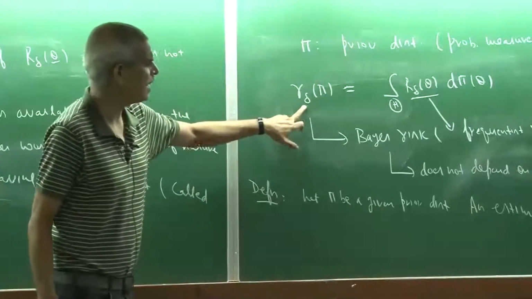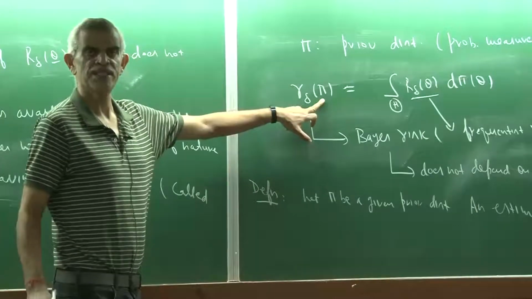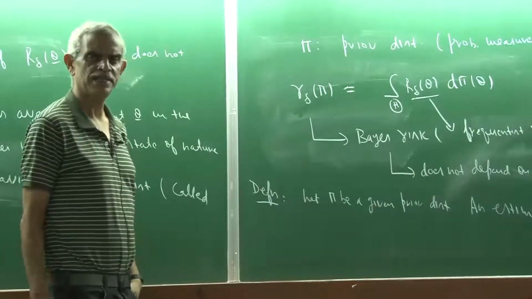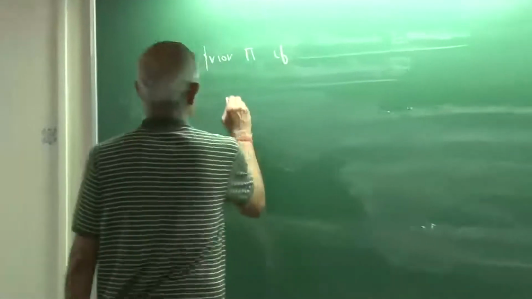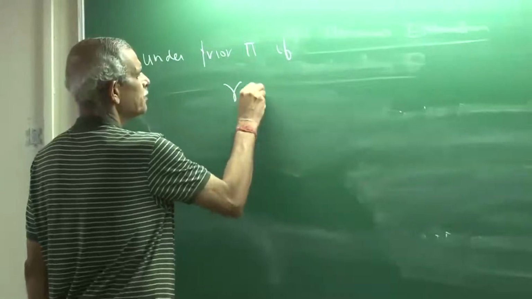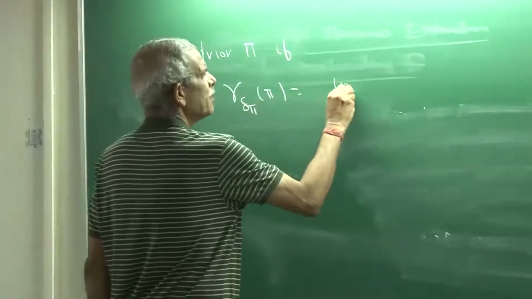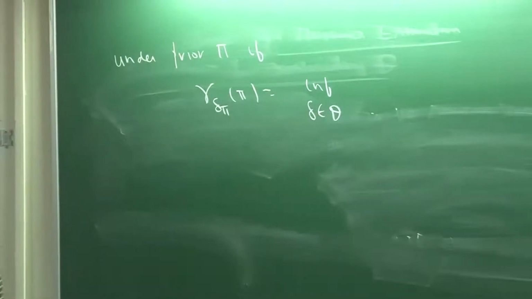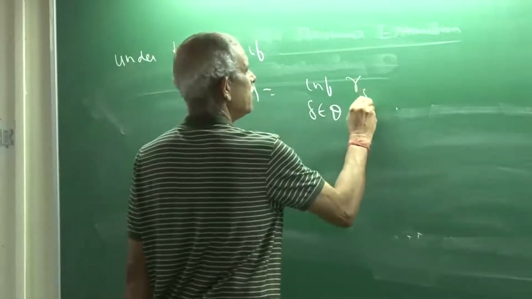That means R delta pi pi should be the smallest among all R delta pi's as you vary delta. So, if R delta pi pi is the same as the infimum over all decision rules D of R delta pi.